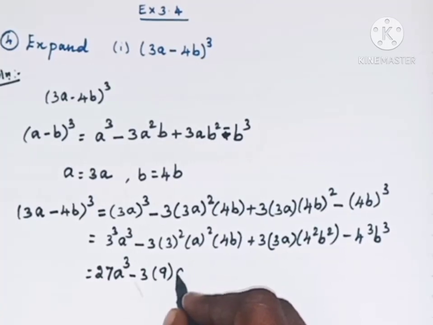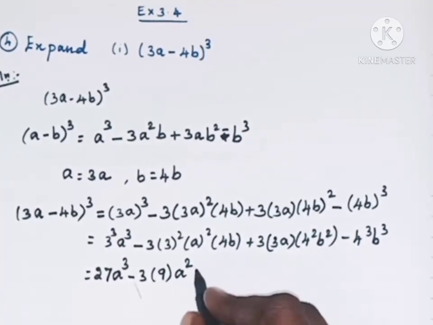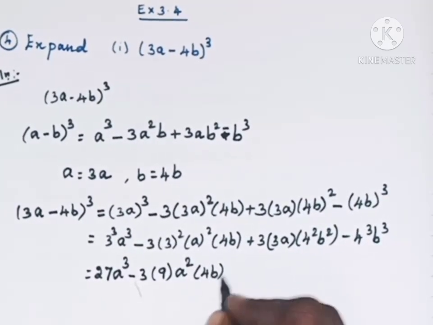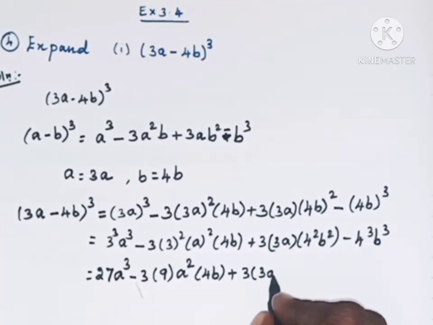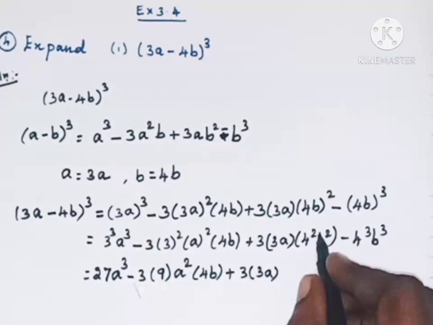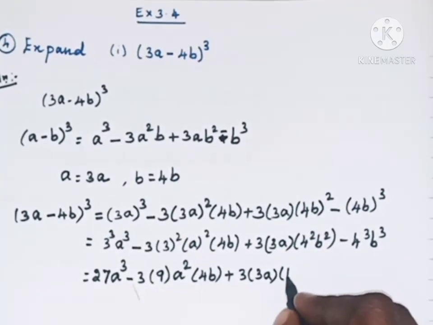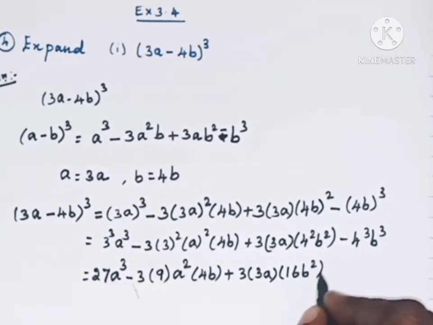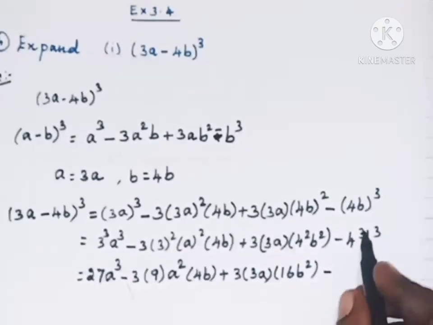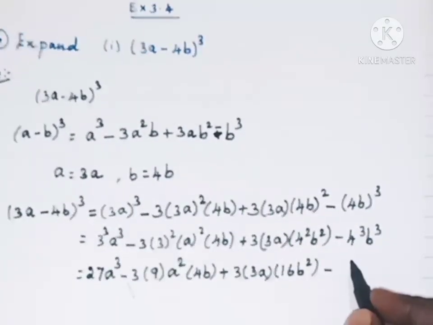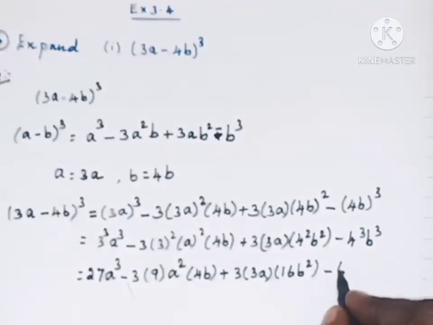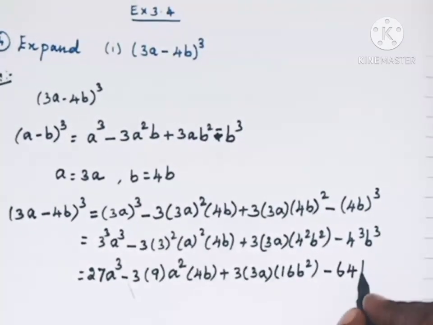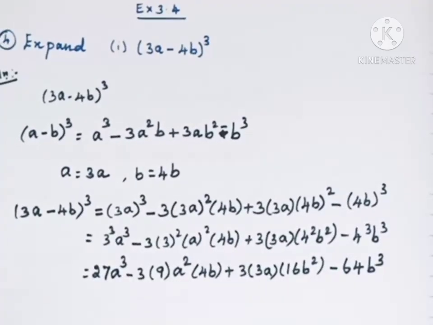Then 4b, plus here we have 3 into 3a, 4 square. 4 square is 4 4s are 16, so 16 b square, minus 4 cube. 4 cube is nothing but 4 into 4 into 4. 4 4s are 16, 16 4s are 64, so 64 b cube.